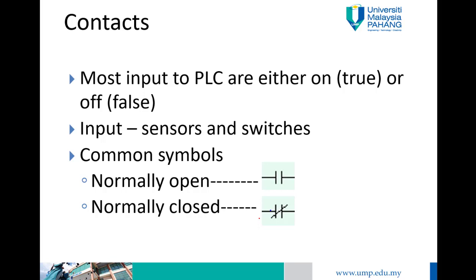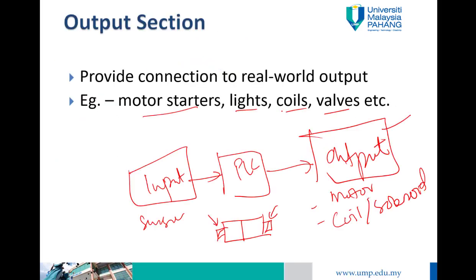Right, so most inputs to a PLC are either true or false. Input sensors and switches, so the common symbols that we use. As we mentioned, the inputs for a PLC are sensors and also switches, as in a previous section.